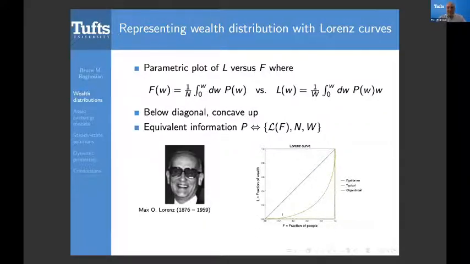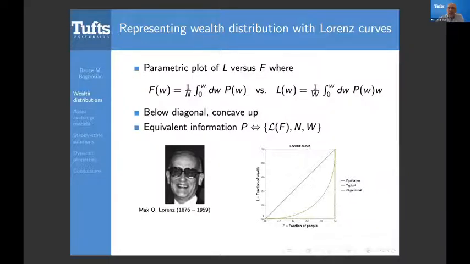And you can see on the screen here that in a society where everybody had exactly the same wealth, well, 0% of the people would have 0% of the wealth, 50% of the people would have 50% of the wealth, 100% of the people would have 100% of the wealth, and you'd get an absolutely straight diagonal line. Let's go to the opposite extreme. Suppose you had a complete oligarchy.